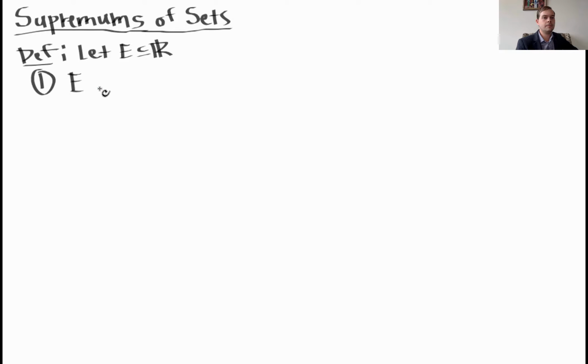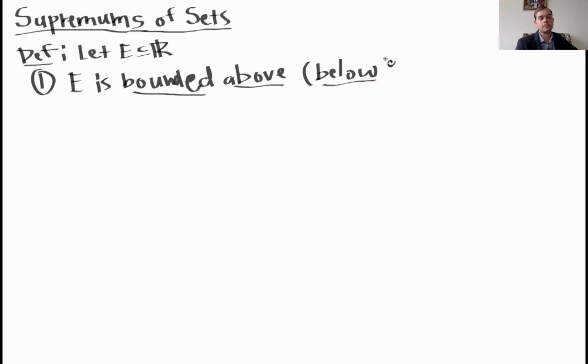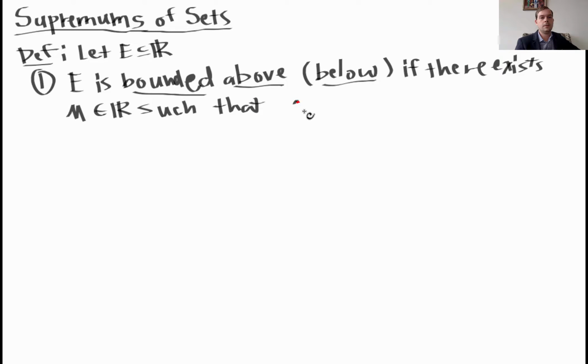And we say that E is bounded above, respectively below, if there exists an m in the real numbers such that x is less than or equal to m, and for bounding below, m is less than or equal to x for all x in E.